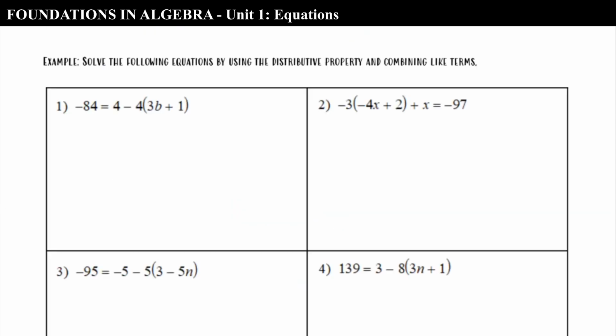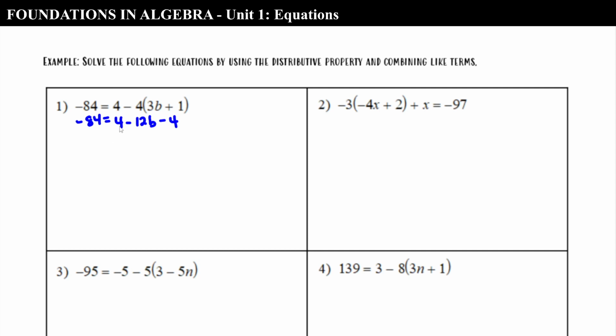Let's do a few more. So for number 1 here, we have negative 84 on this side. On the other side, we have 4 minus something we have to distribute. So negative 4 times 3b gives you negative 12b. Negative 4 times 1 gives you negative 4.